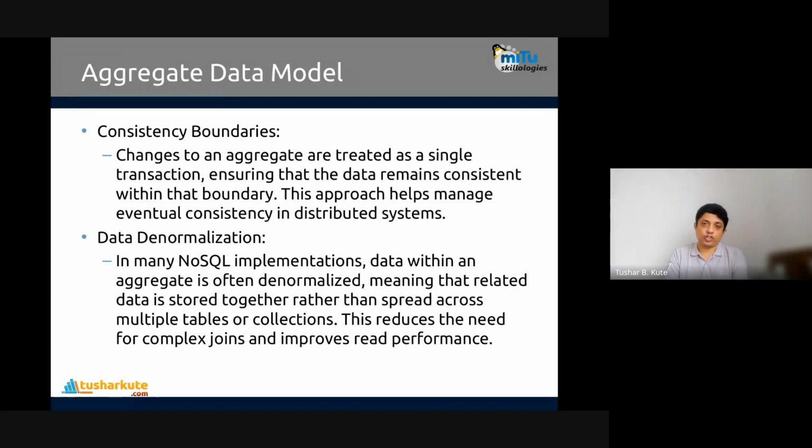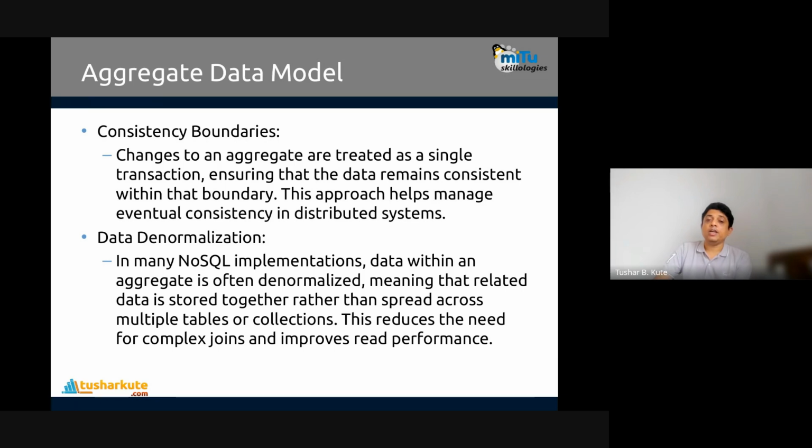Second, data denormalization. In many NoSQL implementations, data within an aggregate is often denormalized. We know what normalization is in databases. Normalization is systematically organizing data in separate database tables. Denormalized means combining together to form a common table which contains all kinds of data inside it.